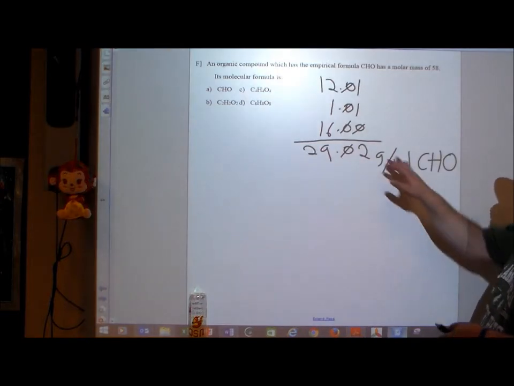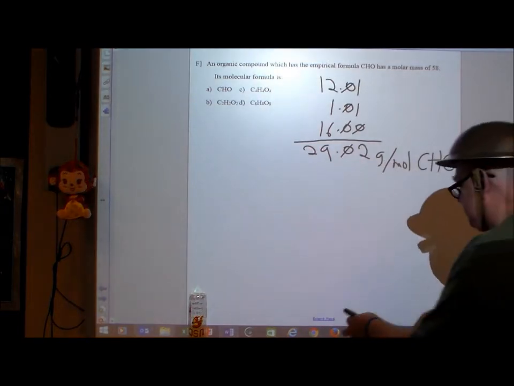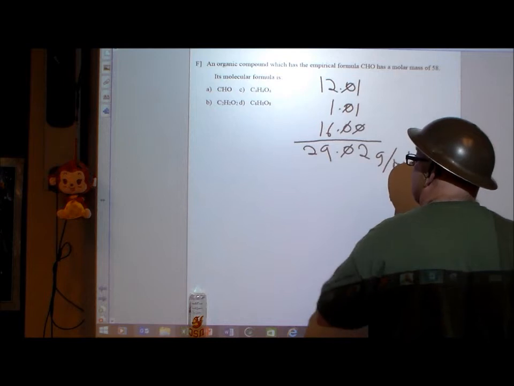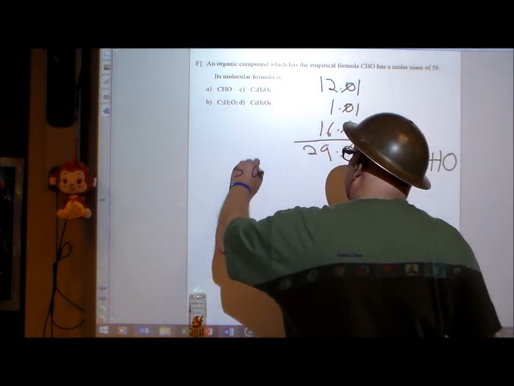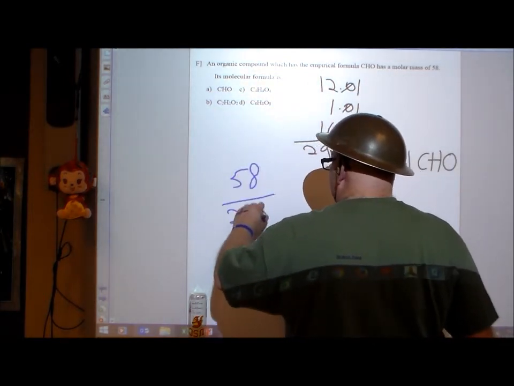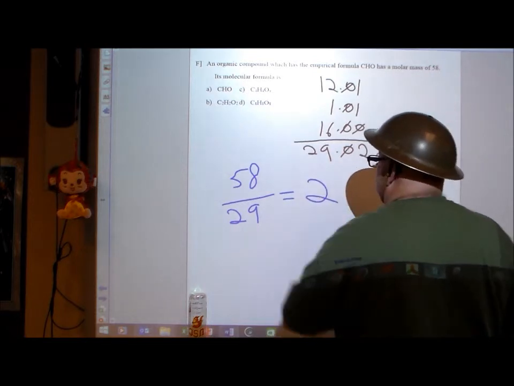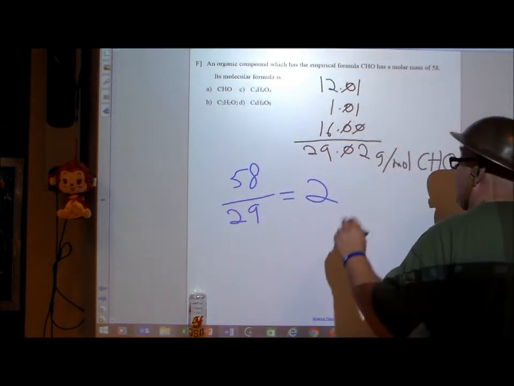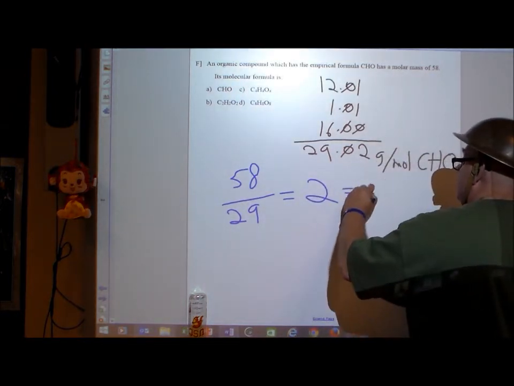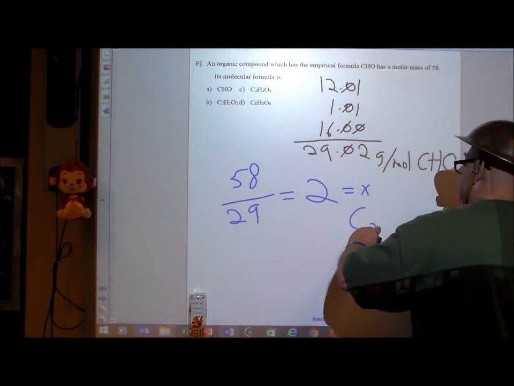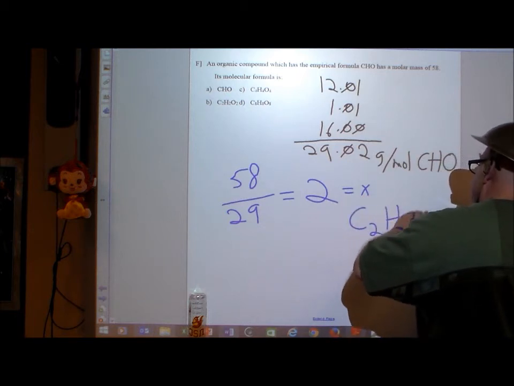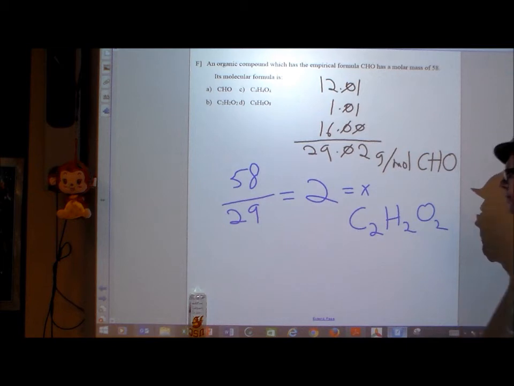All right? So with this, guys, I'm going to think, okay, I'm going to take it as 29, so 58 divided by 29 is going to give me 2. So that means this is equal to X, which means it's C2H2O2.